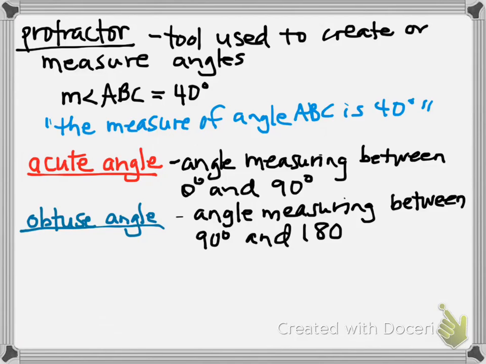So again, 90 and 180 are not obtuse angle measurements. It's just after 90 and just before 180 is the range that I have. Now the next two angles have no range. They have only one specific measurement for each one of them. So we have the right angle. Actually, Georgie said straight, but we'll go with right. Sorry, I went out of my order here.